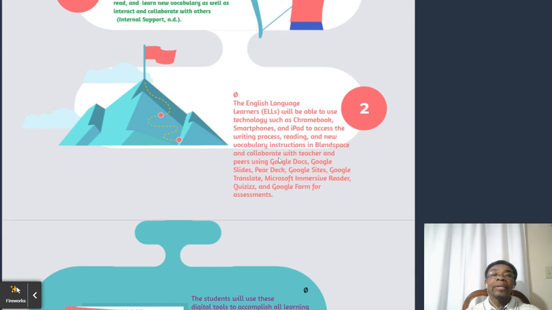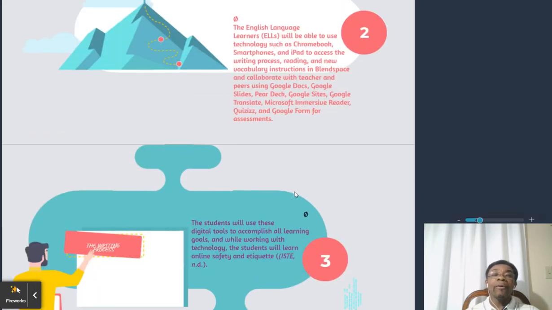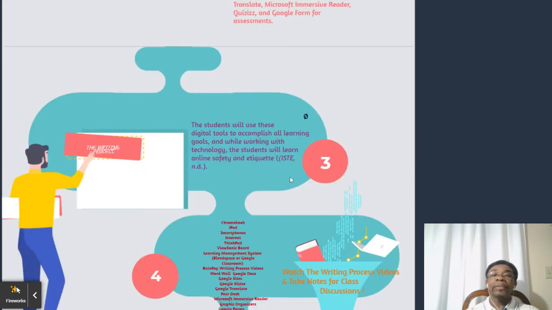And we'll also be able to collaborate with the teacher and peers using Google Docs, Google Slides, Pear Deck, Google Sites, Google Translate, Microsoft Immersive Reader, Quizlet, and Google Forms for assessment purposes. And here it says the writing process.